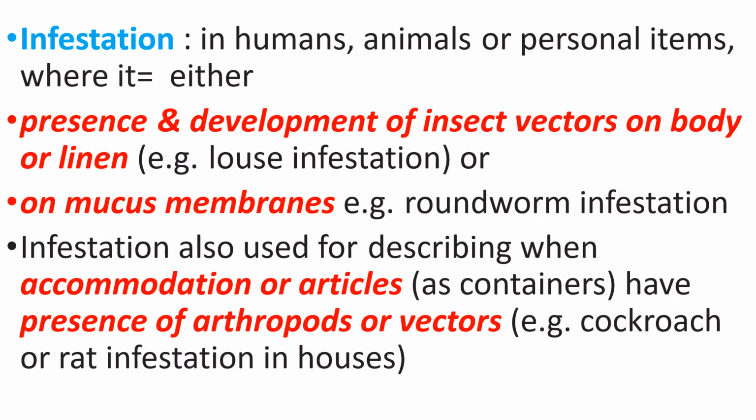Infestation is the presence and development of insect vectors on the body or linen, in humans, animals, or personal items, or on mucous membranes, as in roundworm infestation.